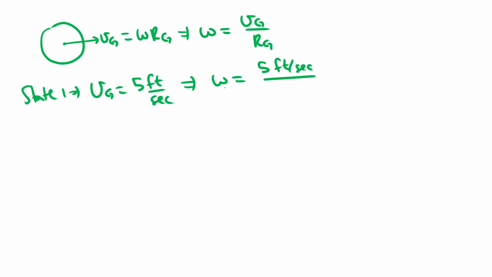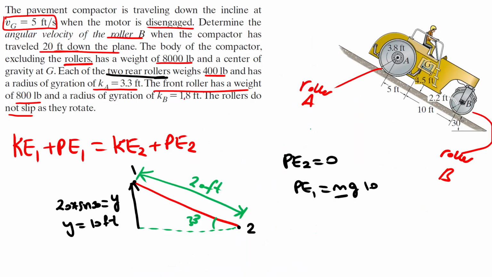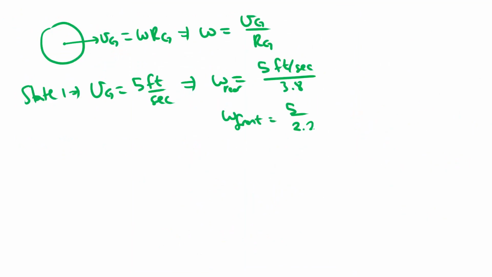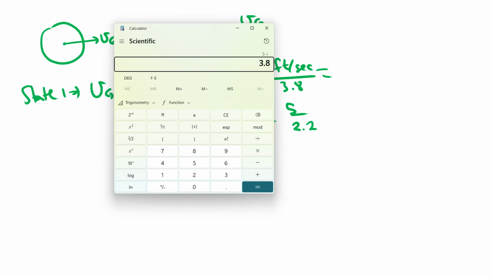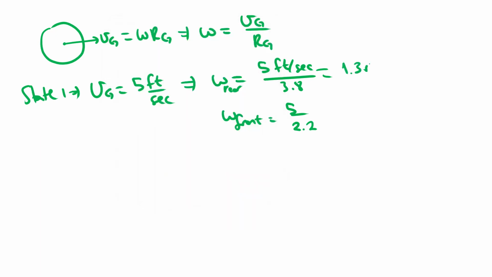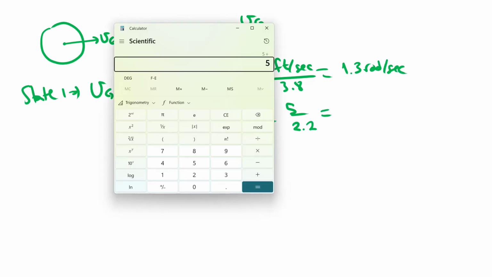So omega rear is 5 by 3.8, which will be 1.3 radians per second. And then the front one is 5 by 2.2, which is 2.27.